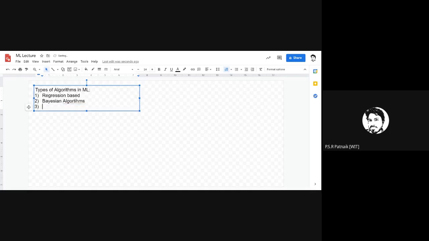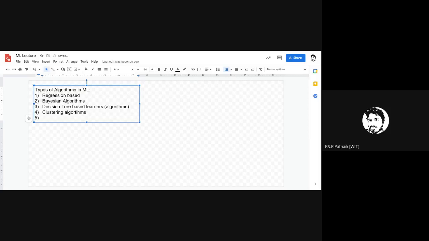The third type are called decision tree based, I might call them learners or algorithms, it doesn't matter much. And the fourth are clustering algorithms.